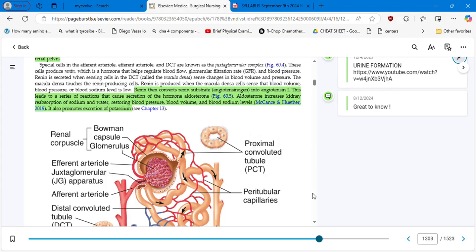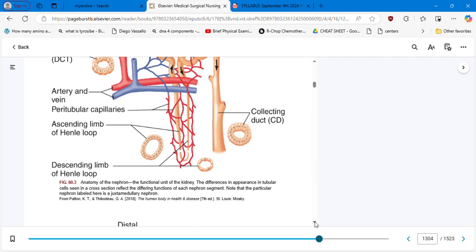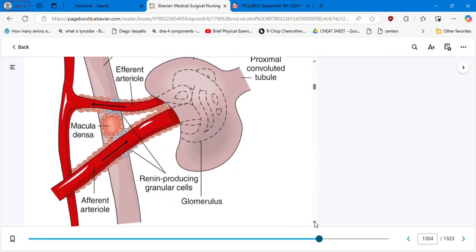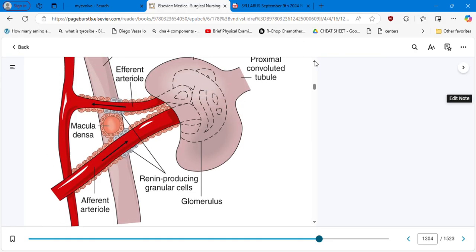So that's figure 60.4. The afferent arteriole is the one heading to the glomerulus, and the efferent is the one going out from the glomerulus, right?